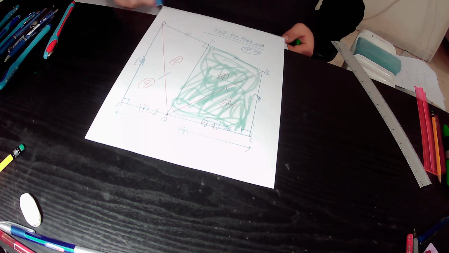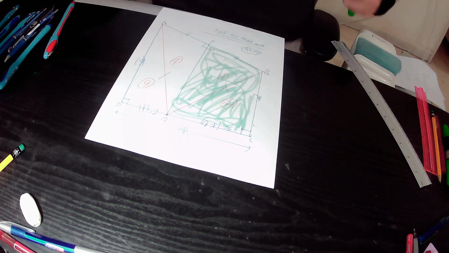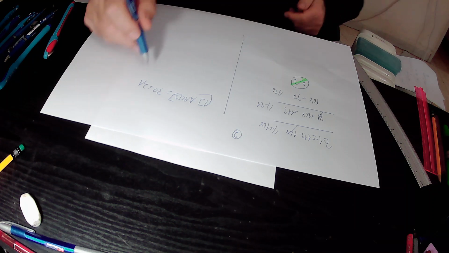A plus A is 2A. So the area of quadrilateral ABCD is equal to 30 plus 2A square units inside.